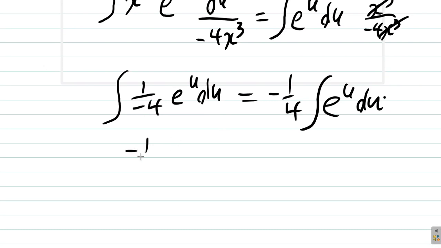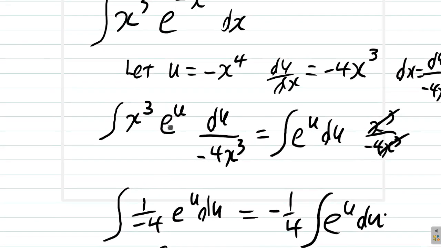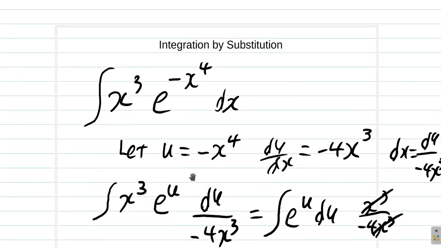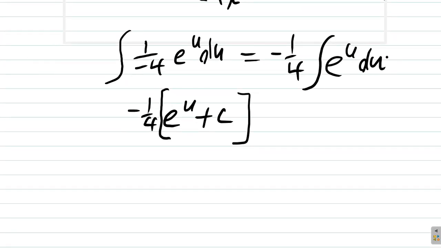This is negative a quarter e to the u plus c, because when you integrate e to the u, you get back e to the u. Alright? So e to the u now, u is negative x to the 4.